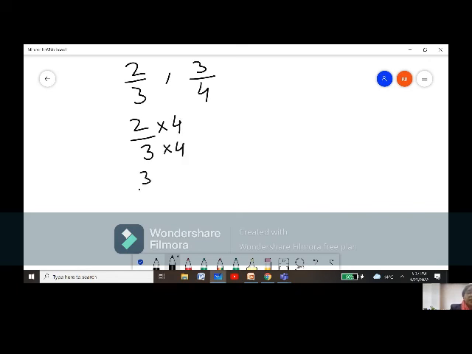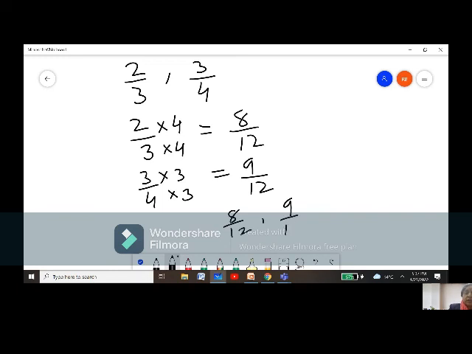Write down the second fraction and multiply by the denominator of the first fraction. 4 twos are 8, 4 threes are 12, 3 threes are 9, 4 threes are 12. 8 by 12 and 9 by 12 both are like fractions.